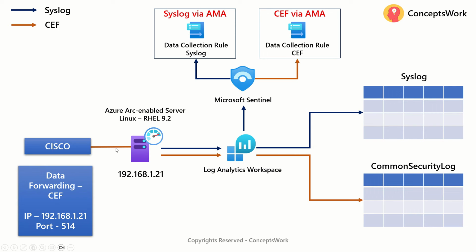Again, there is a lot of customization that can be done to ports as well. If you're using, let's say, TLS for syslog, that's a different topic altogether. But to make it simple, if you're doing syslog forwarding from any of your solutions, just get those logs forwarded on port number 514 to this particular machine, which you have configured with the Python script and everything. And then all the data ingestion will start happening, and you will see that data in CommonSecurityLog.